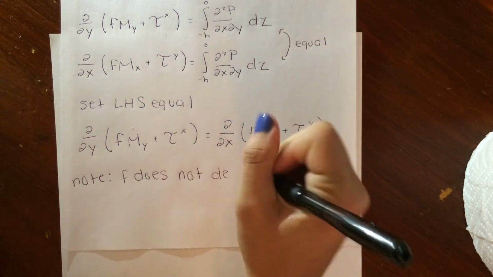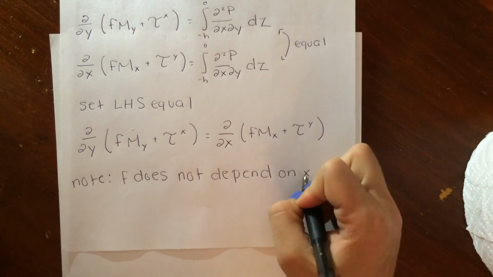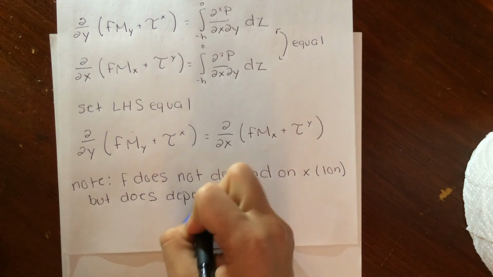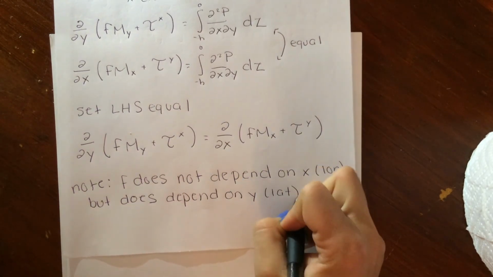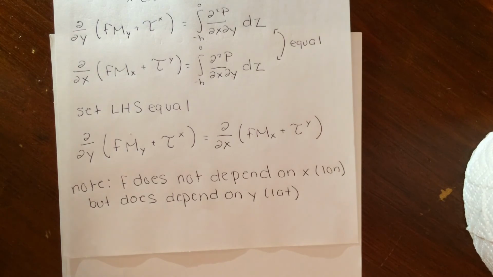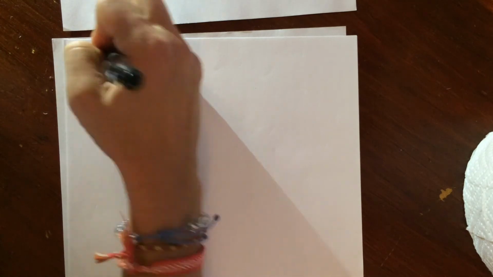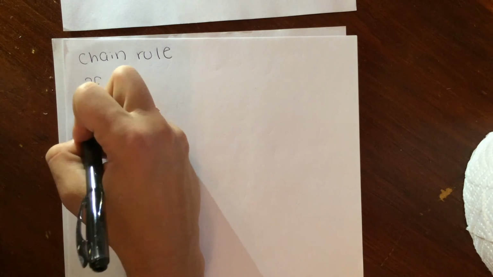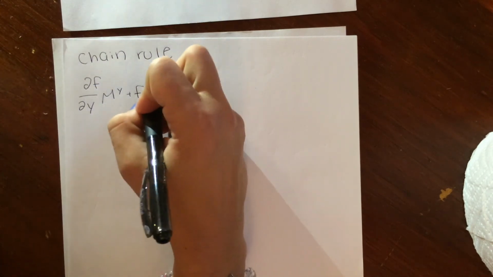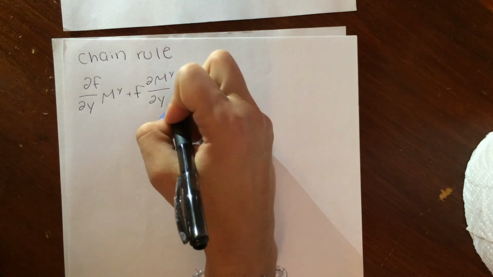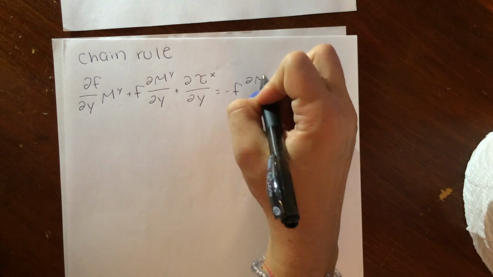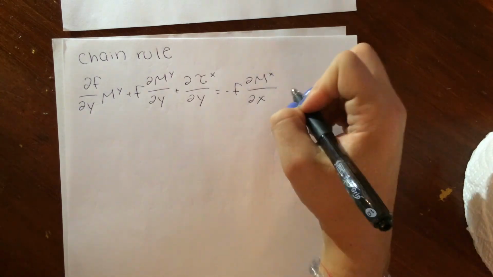Now note that f does not depend on x, the longitude, but does depend on y, the latitude. So we can expand the left-hand side of this equation, being careful to use the chain rule. On the right-hand side, we can simply distribute the partial derivative and remove f to the outside.